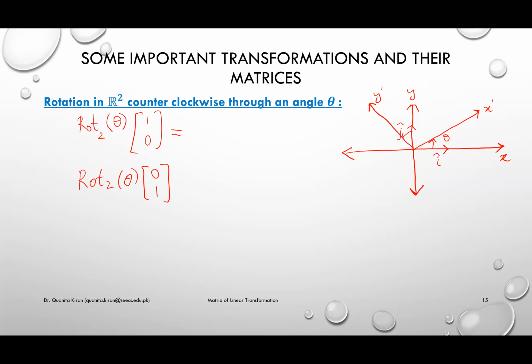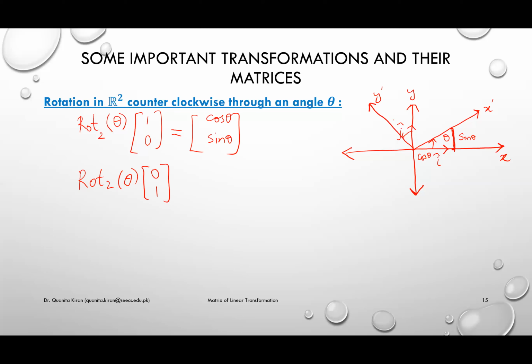If we see here, this is (1, 0), and if we draw this perpendicular, then this side is equal to cos theta and this side is equal to sine theta. So the components of this vector will be cos theta and sine theta.